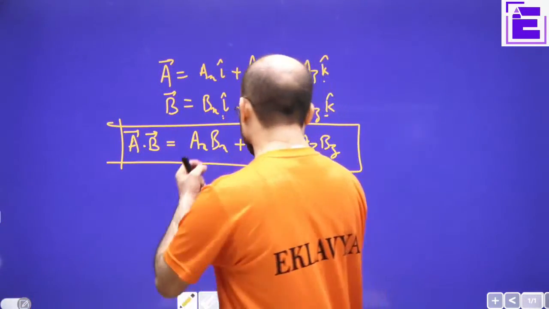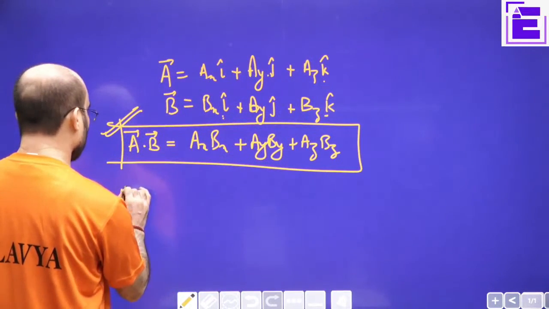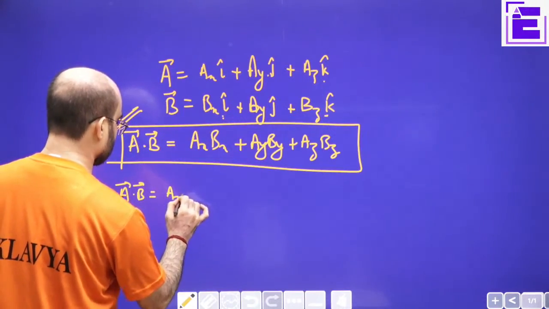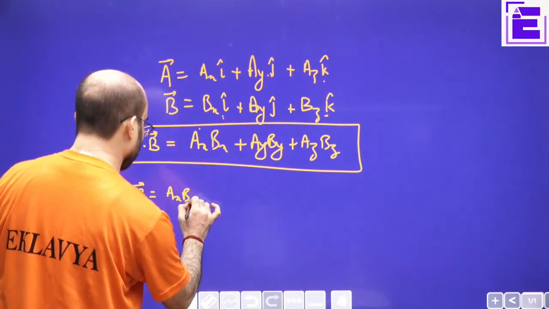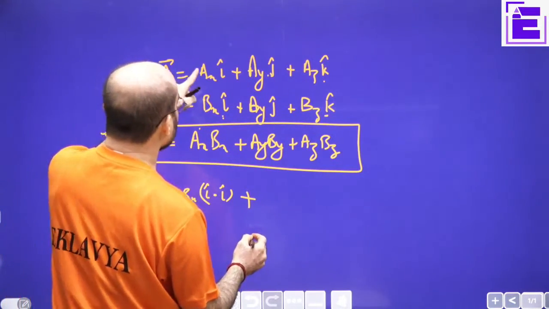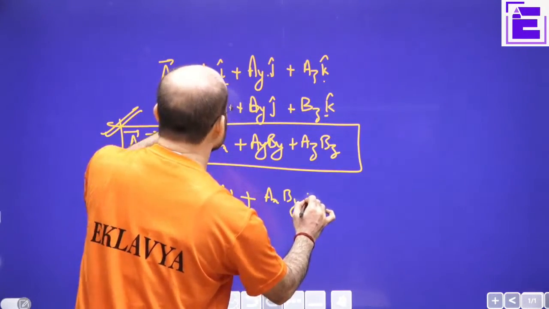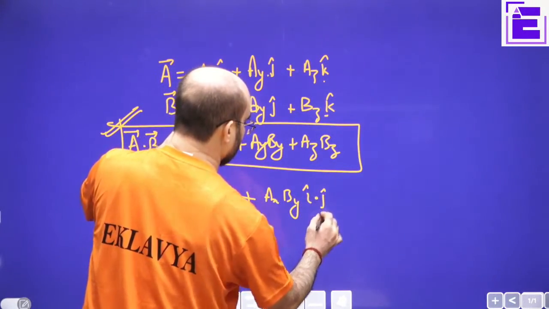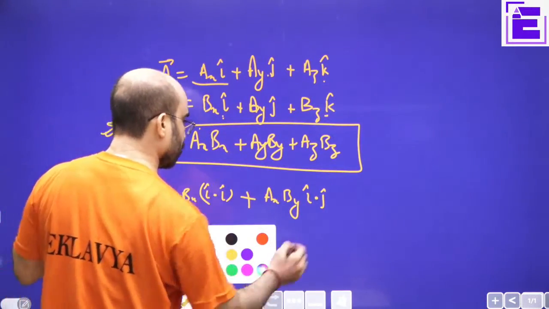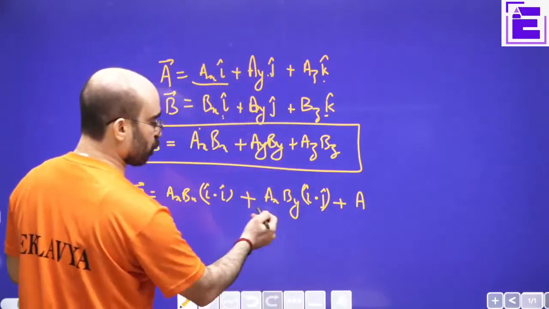Understood? Why am I telling you this is the result? How do we get this? Let us have this picture. AX BX I dot I, okay, plus AX BY I dot J. So when you say I dot J, this is going to be 0, right?